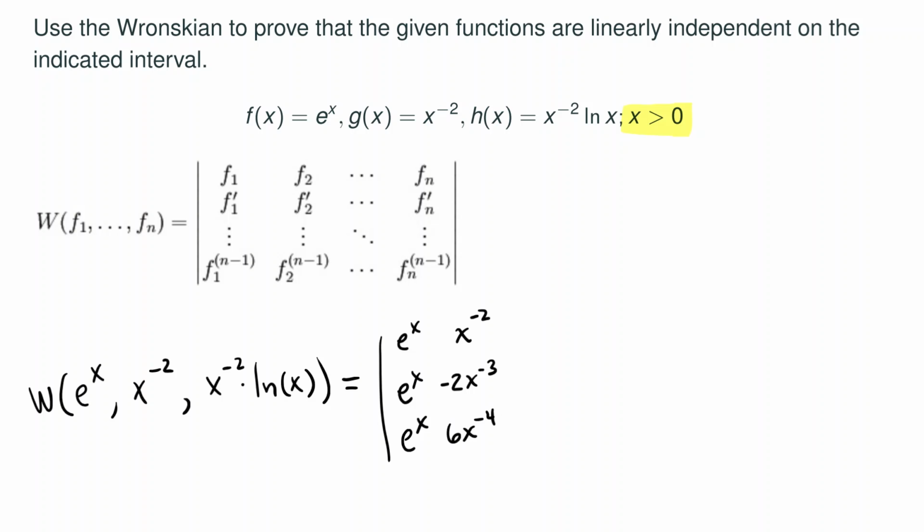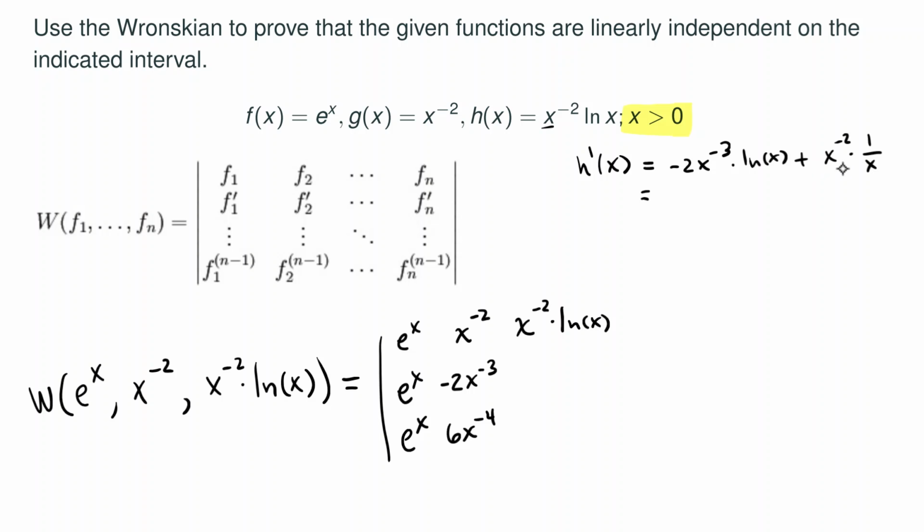Now as we begin to take our final column, we have our x to the negative 2 times ln of x. This derivative is not going to be as quick as the others, so just off to the side, I'm going to write that out. The first derivative, we'll have to use product rule. Let's take this as our first term, bring down the power, subtract 1, leave the other term the same, plus first term left alone times the derivative of the other.